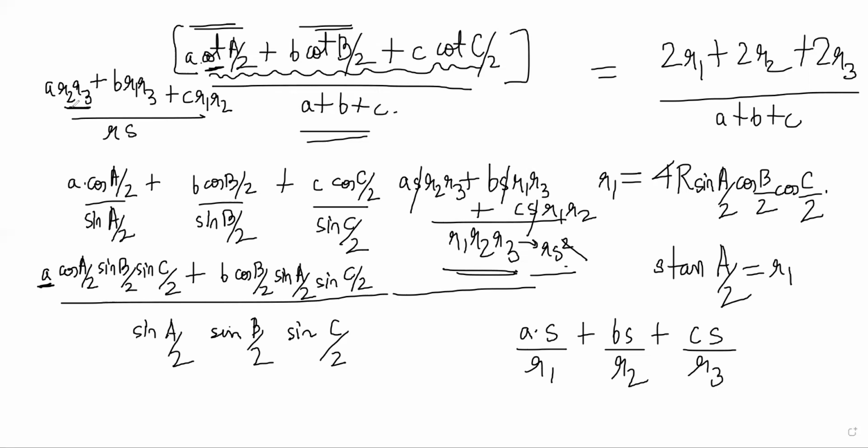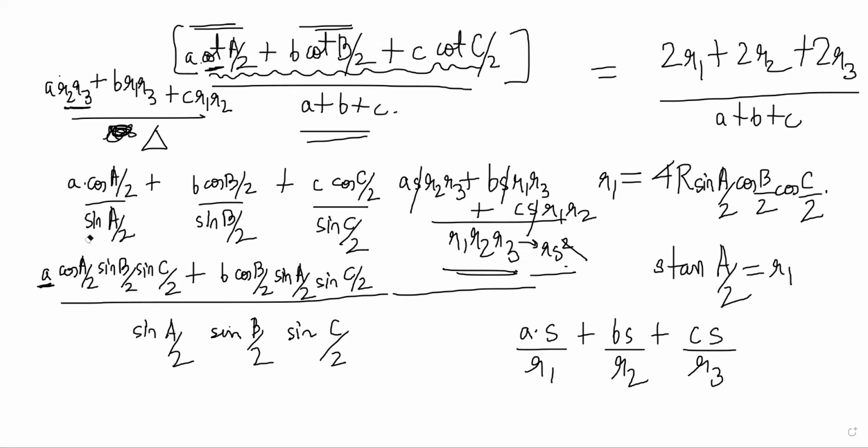One way to do it would be to directly put every formula that we know, the del formulas. Del is equal to R S, and here you'll get del square by S minus B, S minus C, right? You understand what I'm saying?